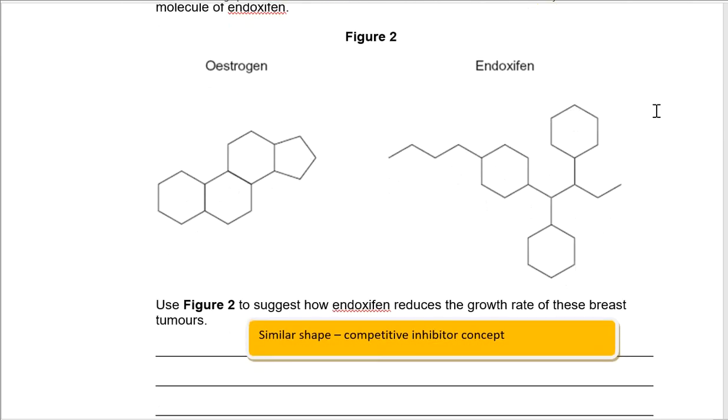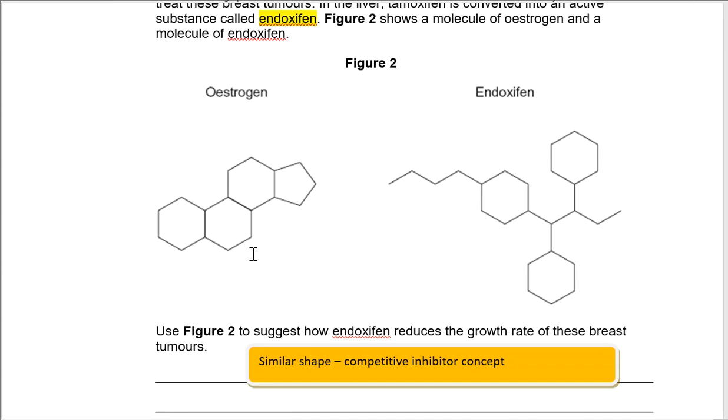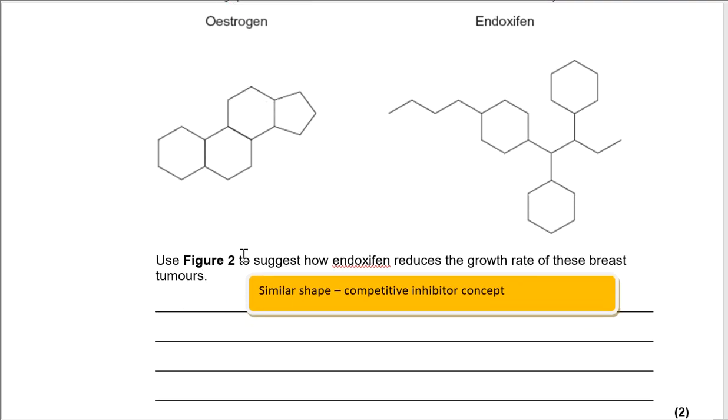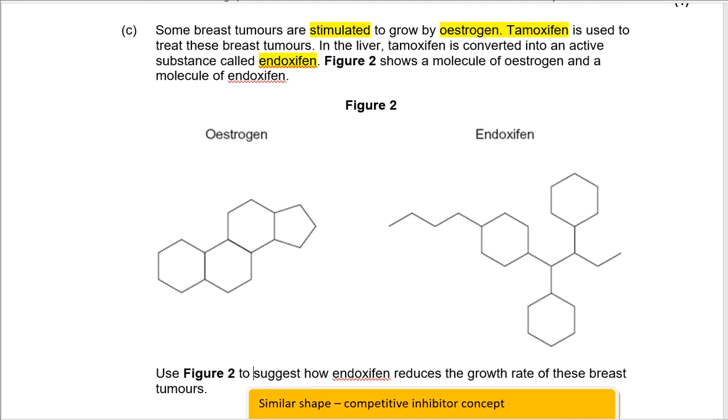Now they want you to look at these two structures. These structures look a bit similar to each other, not 100%, but similar. So use figure 2 to suggest. Suggest means to give scientific reasons behind it. It does not have to be fully accurate, but just give ideas.